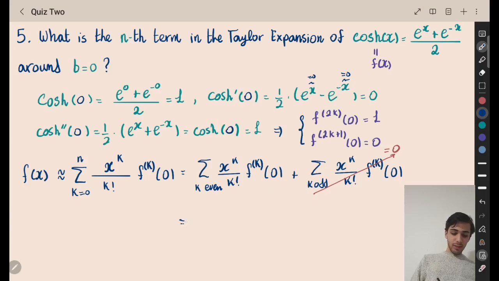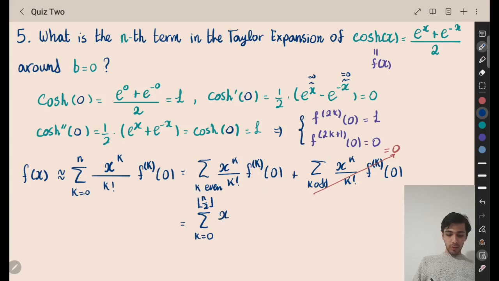And if that is the case, then I can write this as a sum from k is equal to 0 to n over 2. Okay, this is a technicality again. I use the floor function, which gives me the integer. So if this is 5, it will give me 2.